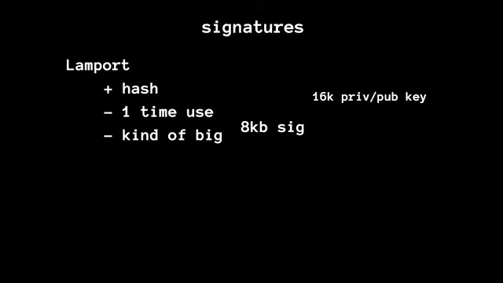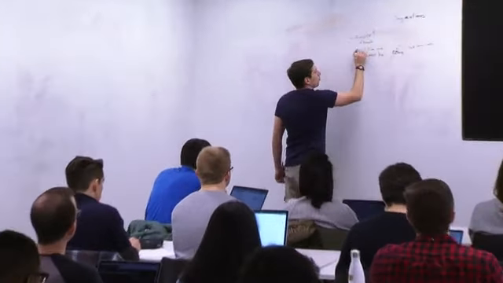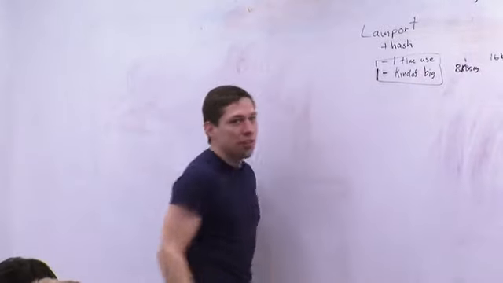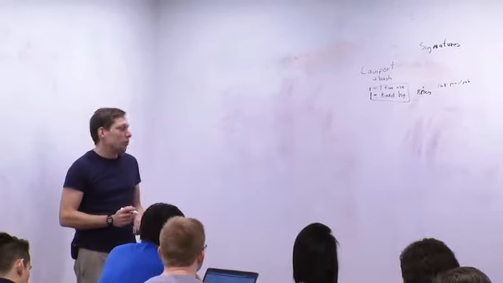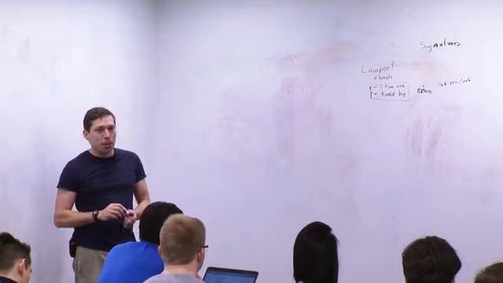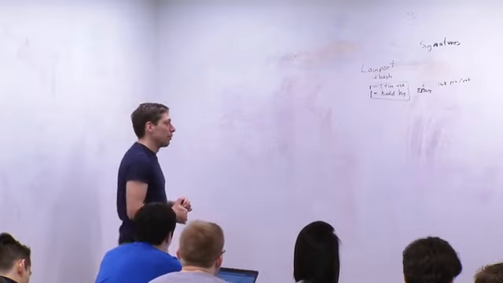So that's some disadvantages. Since I don't have slides, I can make this more fun and interactive. What are some solutions for these problems? We can actually mitigate or solve both of these things to a pretty good extent. How about the first one, one-time use? What would be a fairly obvious way to mitigate the one-time use problem?